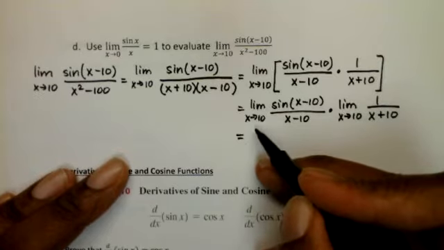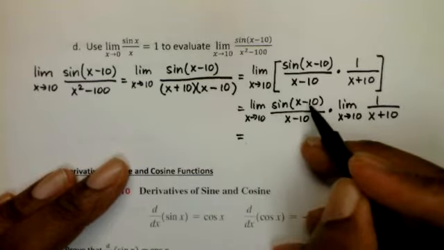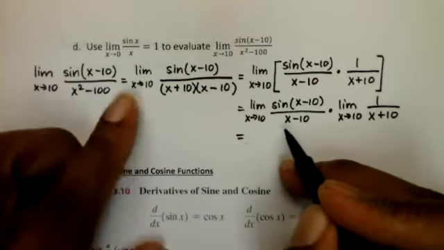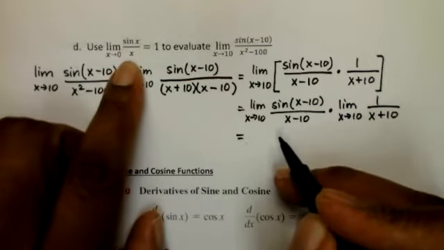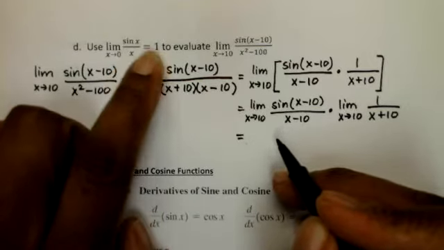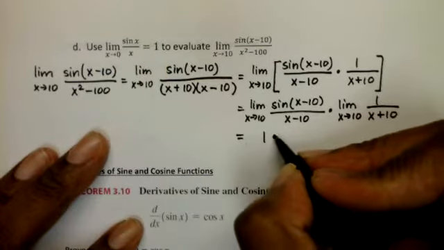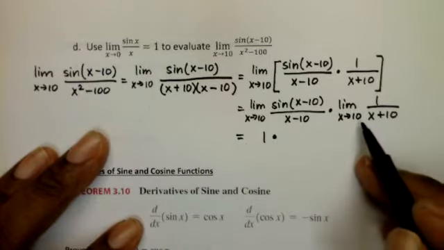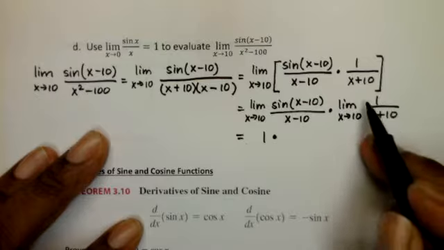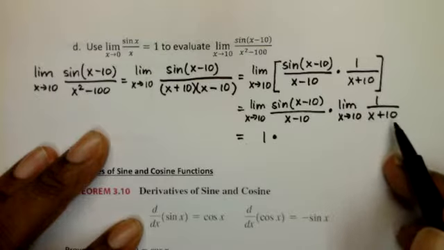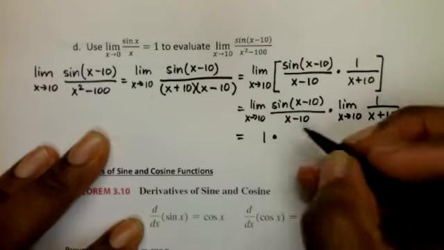Now, if I take the limit as x approaches 10 of the sine of x minus 10 divided by x minus 10, it follows this rule here. It's going to be equal to 1. So this will be 1 times, and then we can do direct substitution for this limit as x approaches 10 of 1 over x plus 10, because I'm not going to get a 0 in the denominator.